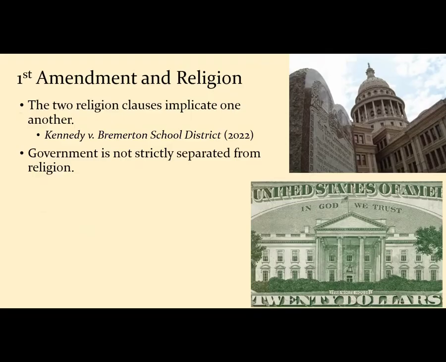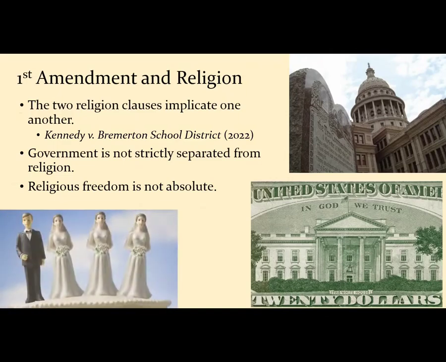Last, religious freedoms are not absolute. The government cannot tell you what to believe, but they can limit what you do. If your practice of religion hurts other people in some way or infringes on other people's rights, then it can be limited. An example of that is polygamy.